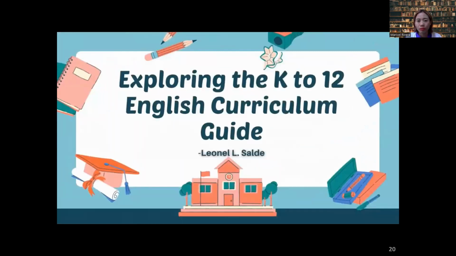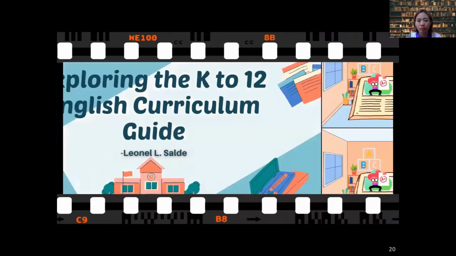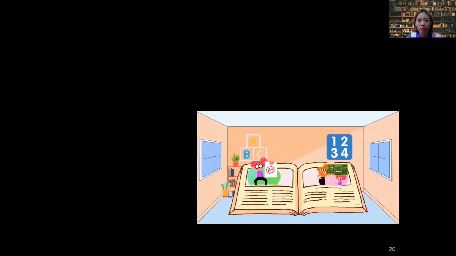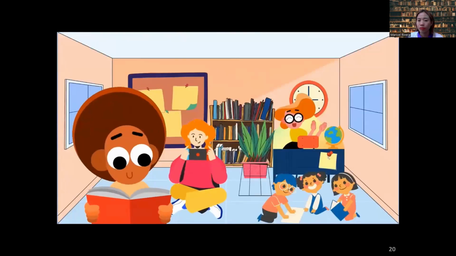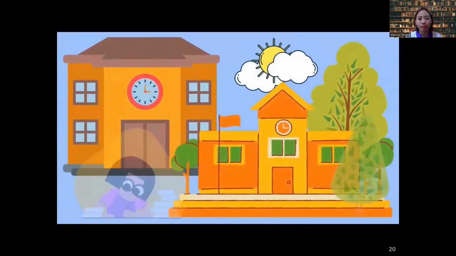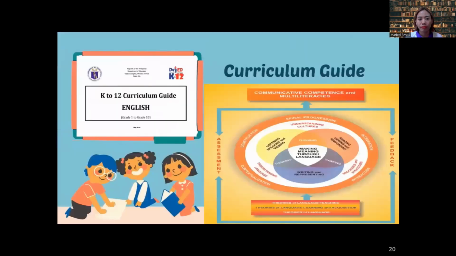Exploring the K-12 English Curriculum Guide. A curriculum guide is a well-structured document that delineates the philosophy, goals, objectives, pedagogical practices, instructional materials, and assessments that comprise a particular educational program.